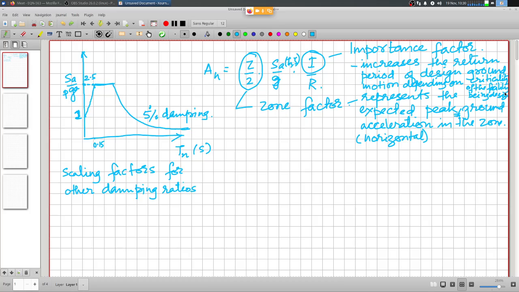containing very hazardous chemicals and all, and for which failure can have very widespread and long-term societal impacts, then the importance factor can be as large as 2.